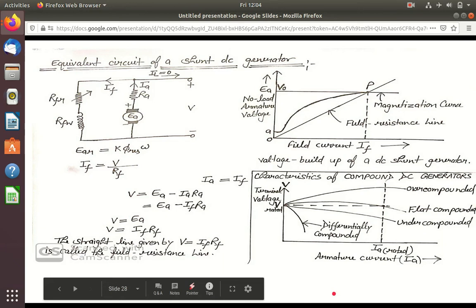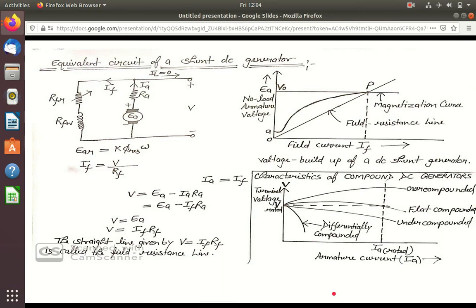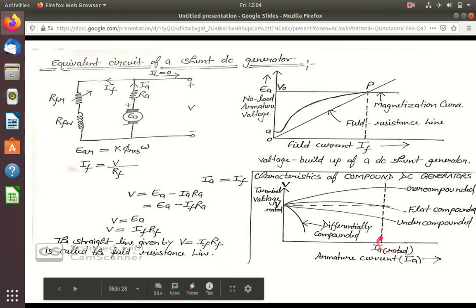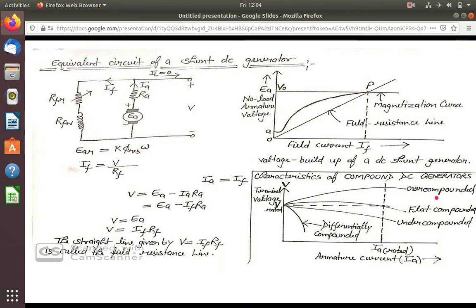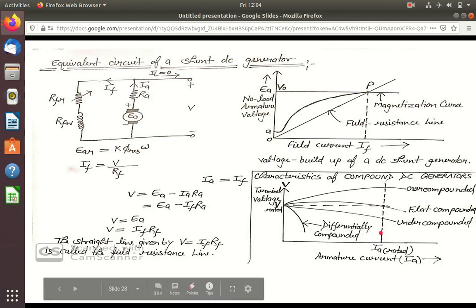So a curve between voltage and current represents the characteristic of a compound DC generator. Here this represents the over compounded, this is flat compounded, and this is under compounded, depending upon the number of series field turns.